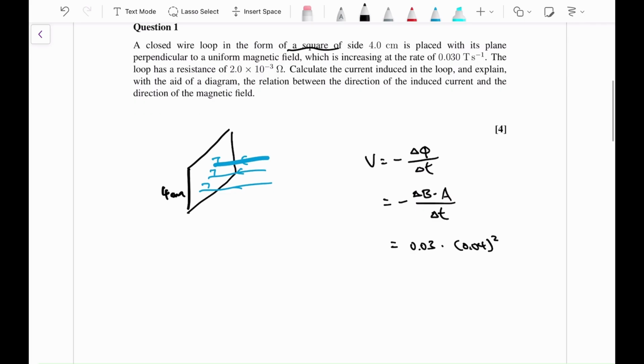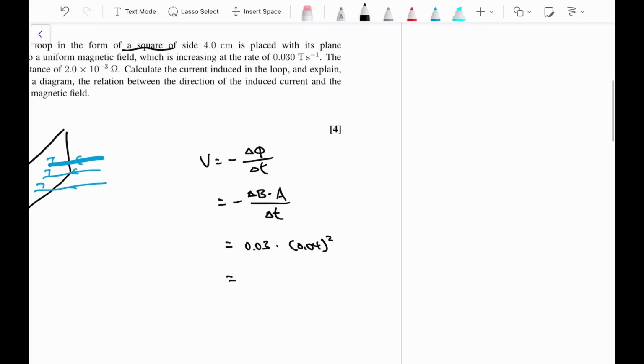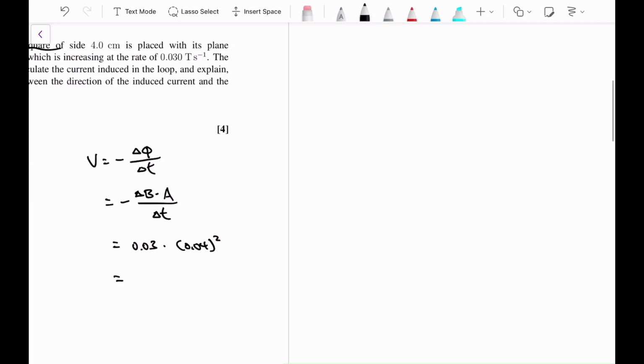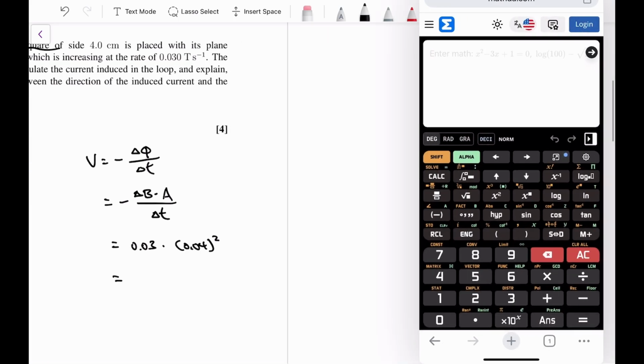And we can calculate the voltage induced. I'm not going to add the negative sign because it's only an indication of direction. Right now I just want to calculate the magnitude. Okay, so over here we have times 0.04 squared, so that will be, I'm going to say, 4.8 times 10 to the power of negative 5.